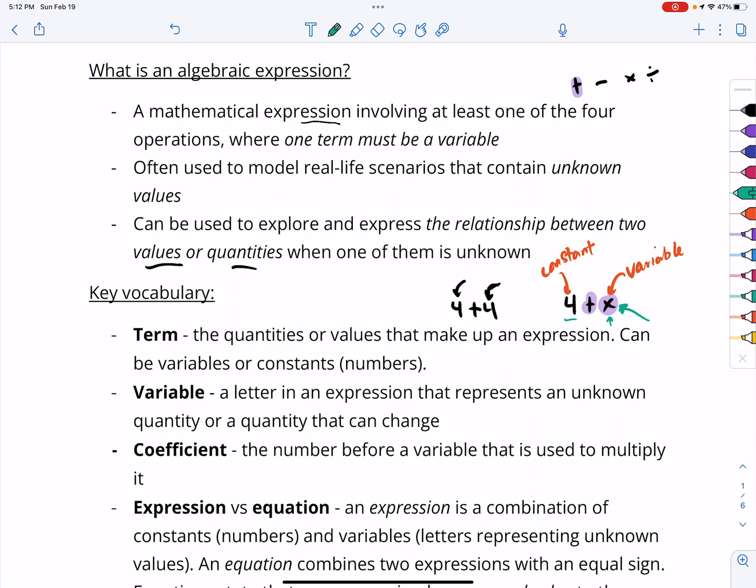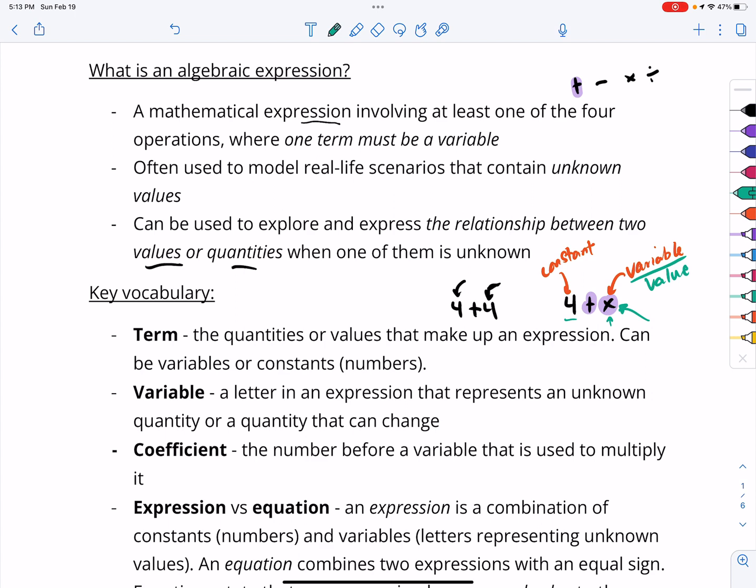So note that the value of the variable can change, and we can make it in an expression kind of whatever we want that fits our problem. And as you notice in this example with the cookies, 4 is called a constant because its value is constant. There is no situation where the value of 4 is going to be different than 4.